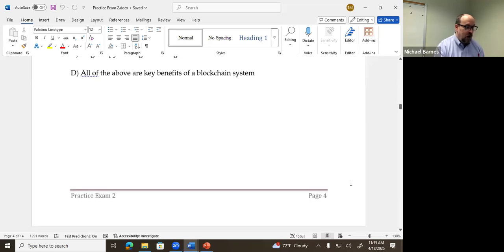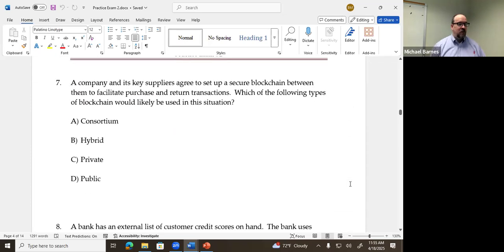All right. A company and its key suppliers, which we can loosely call a group of entities, agree to set up a secure blockchain between them to facilitate purchase and return transactions. Which of the following types of blockchain would be used in this situation? We're talking about a group setting up a permissioned blockchain. That's going to be a consortium blockchain, because that's the definition of a consortium blockchain.